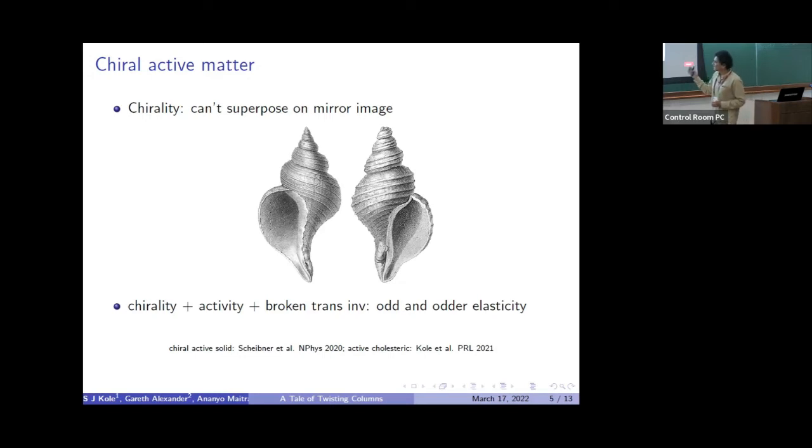This was studied by a group in Chicago, Vincenzo Vitelli, where they studied a spinner fluid and realized an odd elasticity. Odd because the response of the system is in the perpendicular direction to the displacement applied. We studied in this work last year active cholesterics, which have odd elasticity, more of which can be read there.